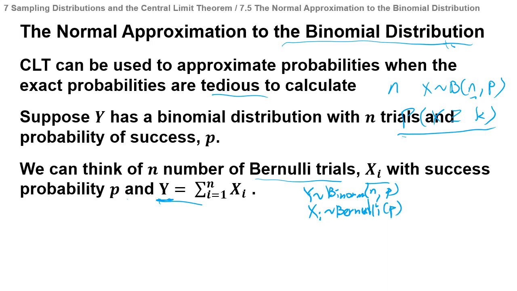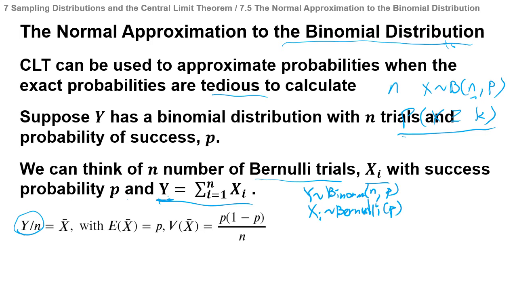You can check that this binomial is actually a sum of Bernoulli trials. From here, y over n can be thought of as the sample mean x bar for independent Bernoulli trials. The expected value of x bar is p, and the variance of x bar is p times 1 minus p over n.